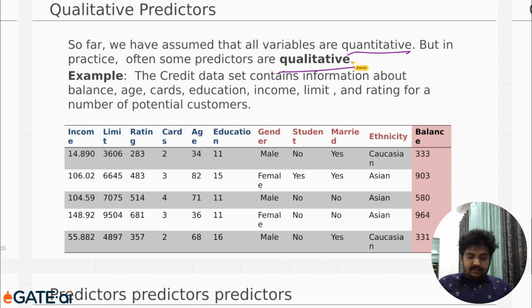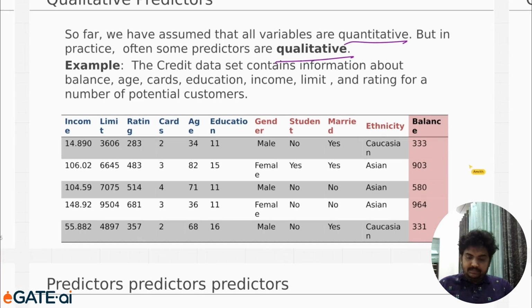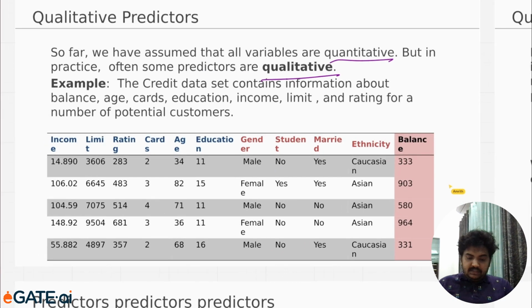So let us see here. There is something called a credit data set. It contains information about balance, age, cards, education, income, limit, rating, etc. for a number of potential customers.